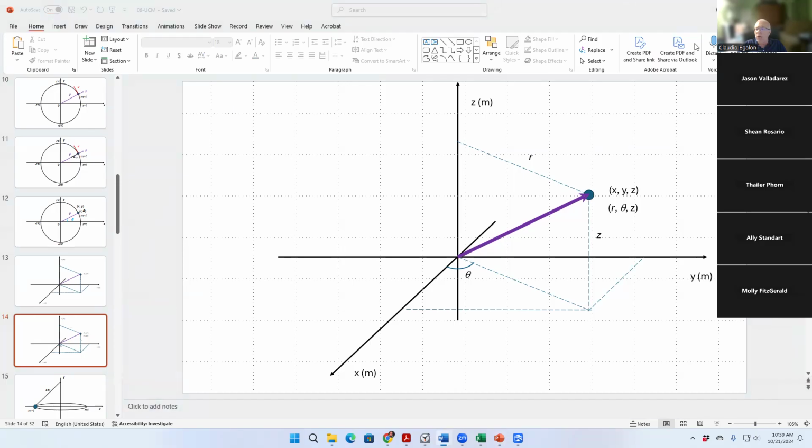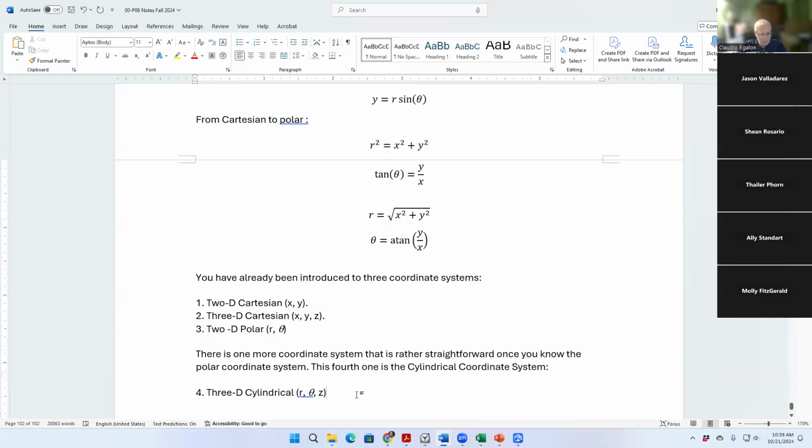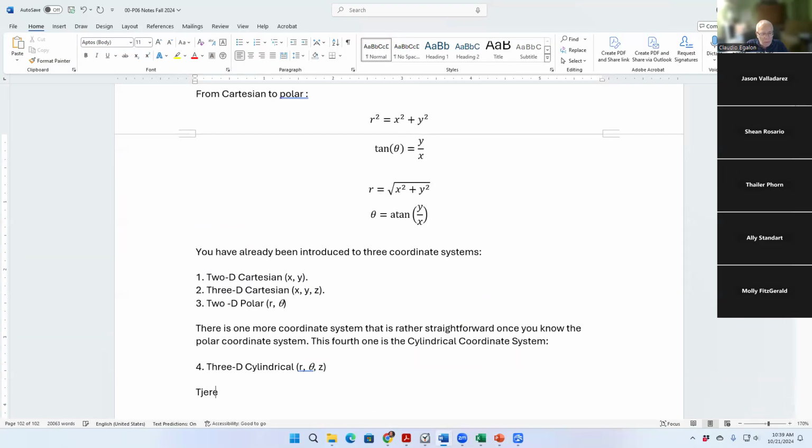There is another coordinate system, just for you to know. We're not going to play with it right now. There is one more important coordinate system called the spherical coordinate system. 3D spherical.